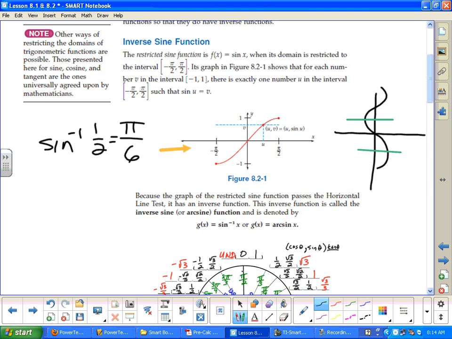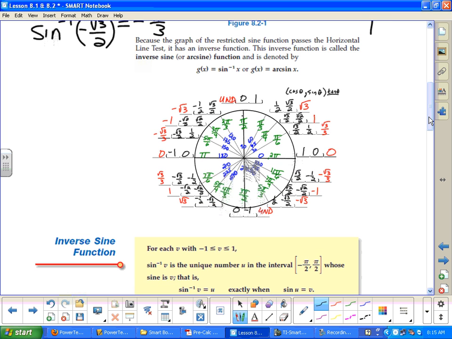But if I do a negative number, like the inverse sine of negative square root of 3 over 2, then that's got to be at negative pi over 3, because this answer has to be between negative pi over 2 and pi over 2. Right down here would be negative square root of 3 over 2. Take out your unit circle, and we're going to look at the negatives and the positives as far as angles.